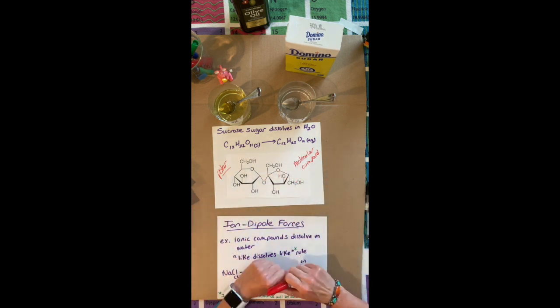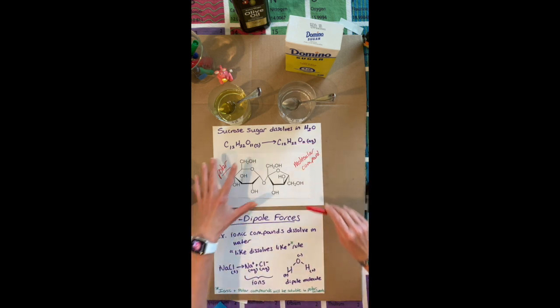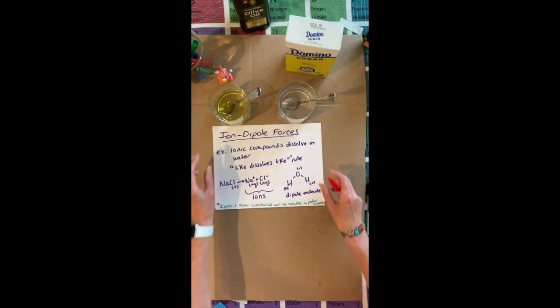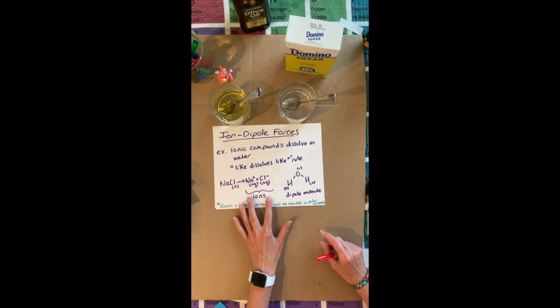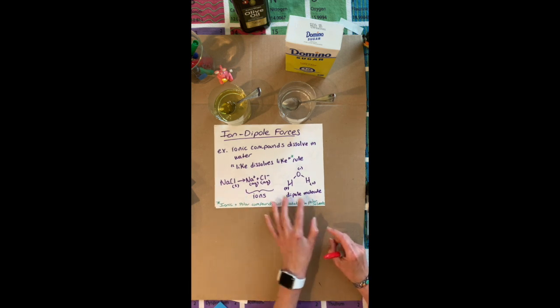So you're just going to have these sugar molecules intact, all surrounded by water molecules. So like dissolves like is a polar compound in polar water. Like dissolves like is when you have ions in a polar molecule like water.